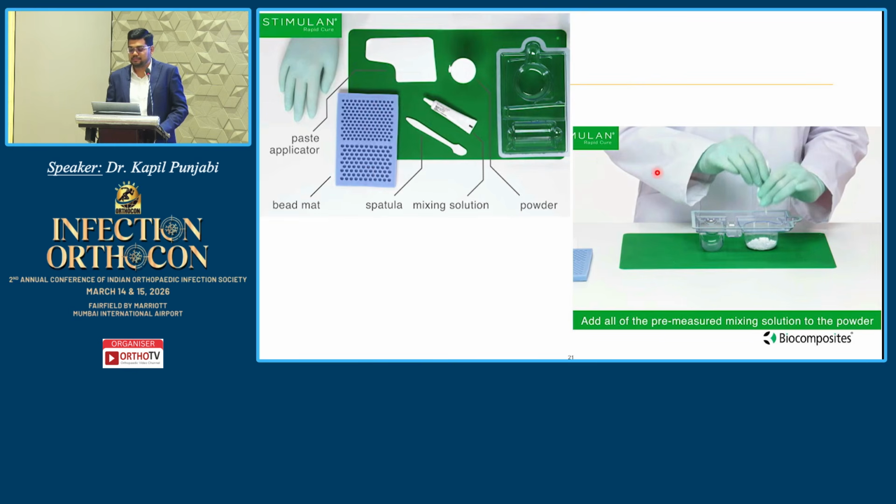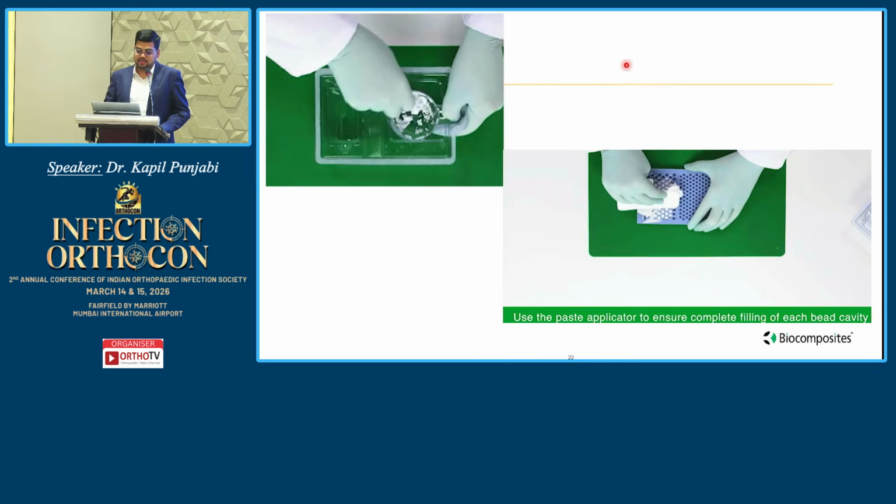You basically empty the contents of the Stimulan powder and your powdered antibiotic, if you're going to use it, add the liquid mixing solution and mix it together until it comes together as a dough. Take the applicator and start placing it on the bead mat. Intermittently we tap the bead mat so that there is no entrapment of air bubbles.